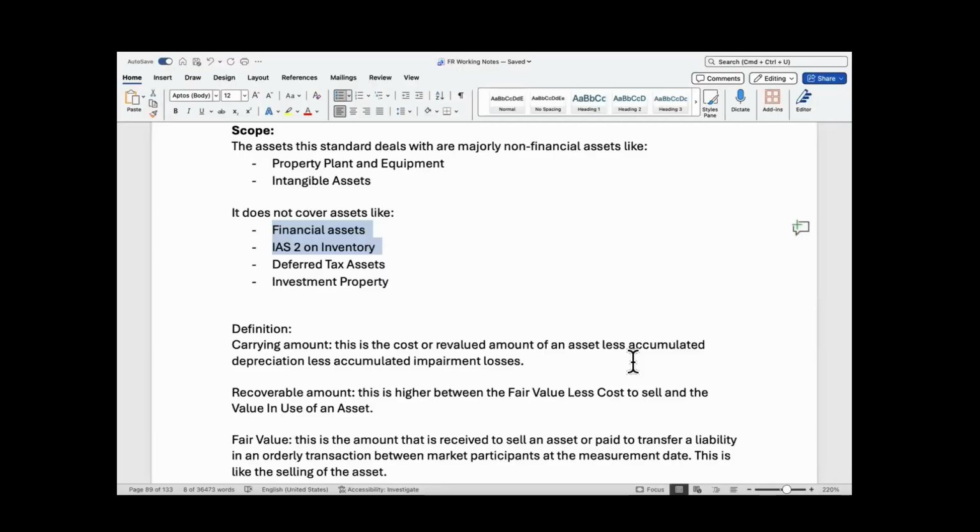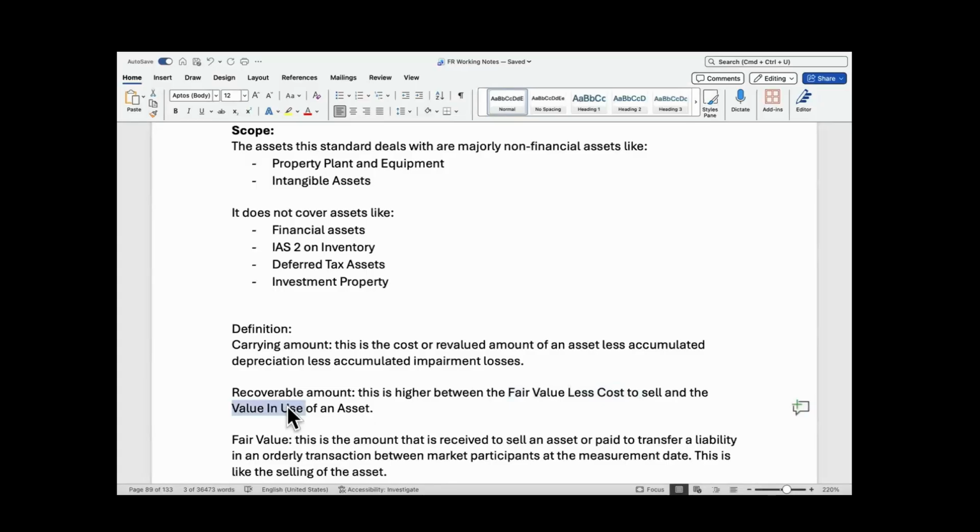By ensuring that your assets in your books as PPE or intangible assets are never above and beyond their recoverable amount. And their recoverable amount is the higher between how much you can recover from selling the asset, which we call net realizable value or fair value less cost to sell, and how much you can recover from continuing to use the asset, which we call value in use.